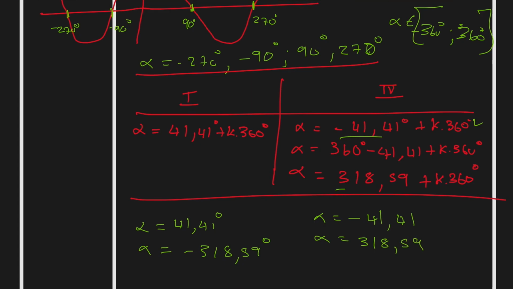But if you subtract 360 here, that is going to be beyond our interval, which is less than negative 360. Then also on this part here, you can subtract the 360, and you will get that part. So these are the part of your solutions on the second part, and these were the part of the solution on the first part. So all these are the solutions to your problem.